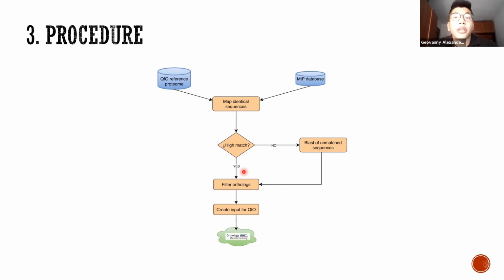Finally, we export these ortholog predictions either in a typical tab-delimited text file or OrthoXML format, which are the accepted input formats by the Quest for Orthologs. We submit the input to the Quest for Orthologs service, and it will take care of the rest. It has a workflow, and we will run that workflow, and we will see the results.